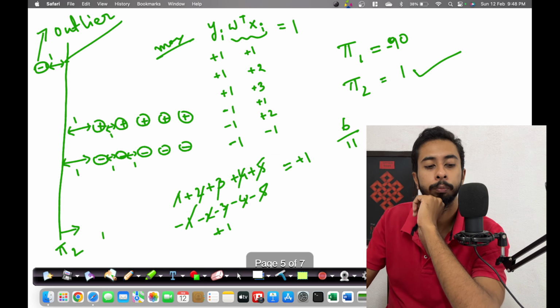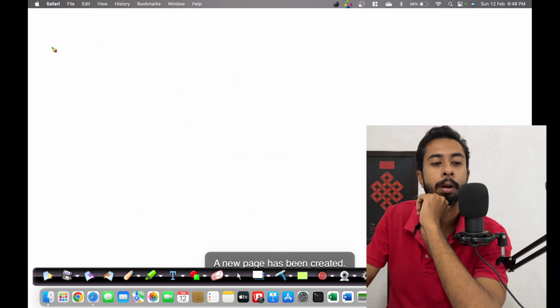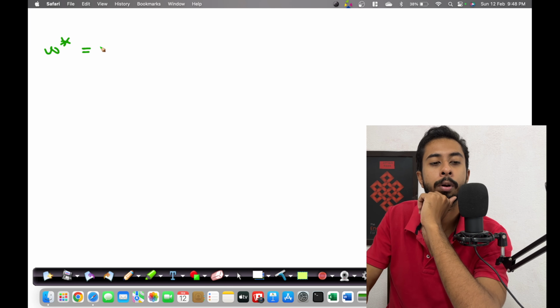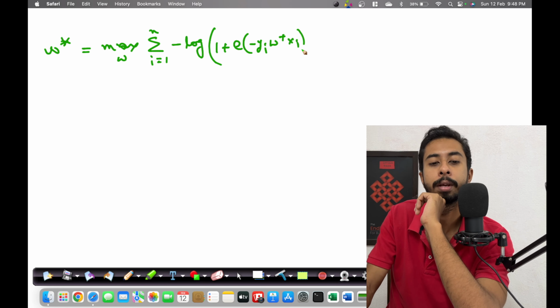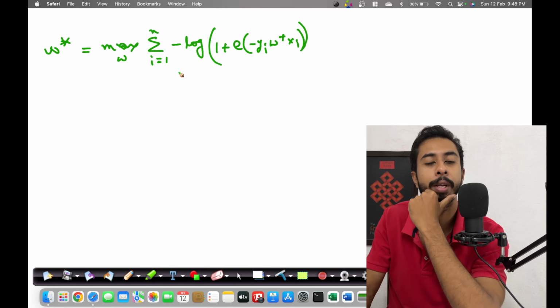So we can take a new page: w star equals maximize w over i equals 1 to n of minus log of 1 plus e to the power minus yi w transpose xi, right? This is what we get.